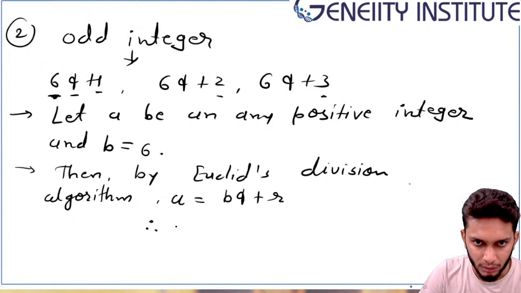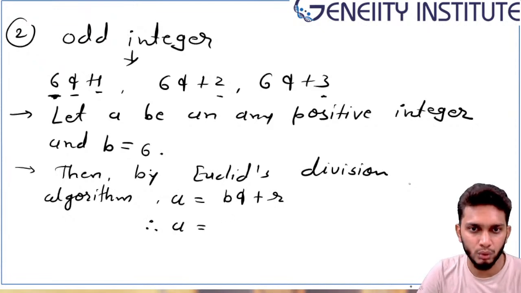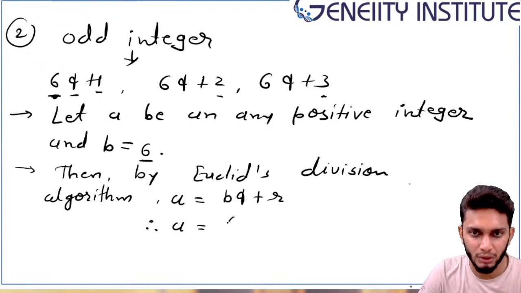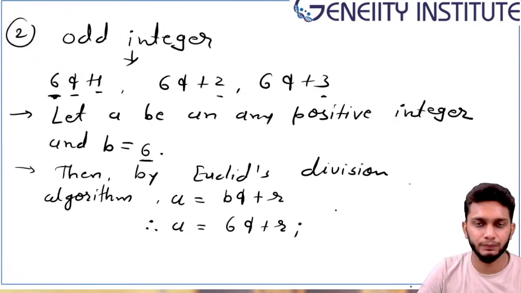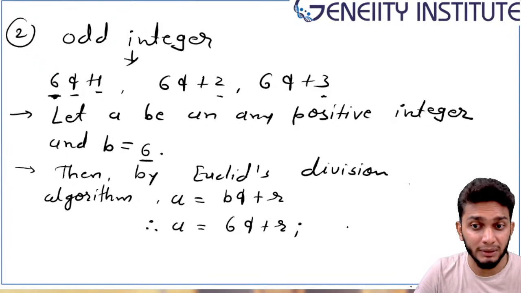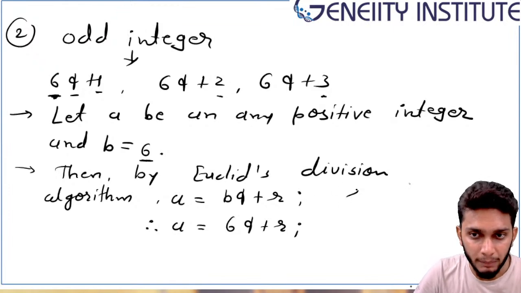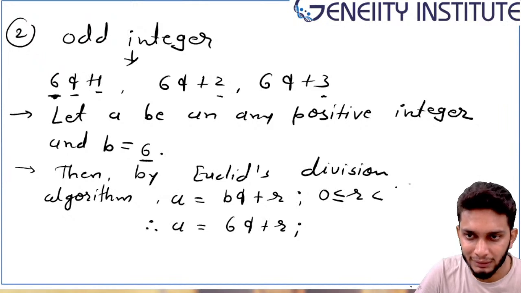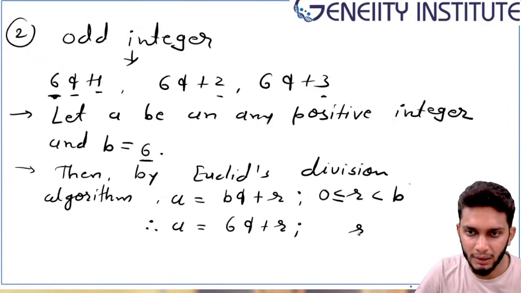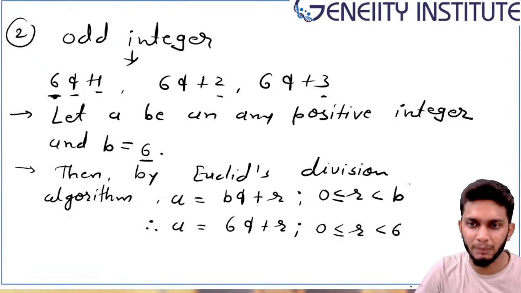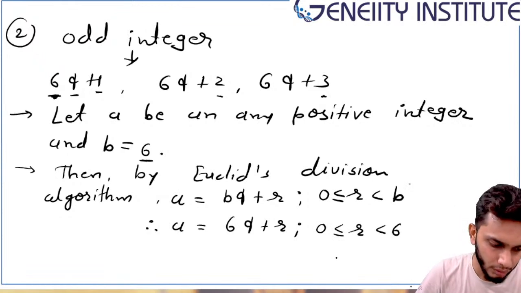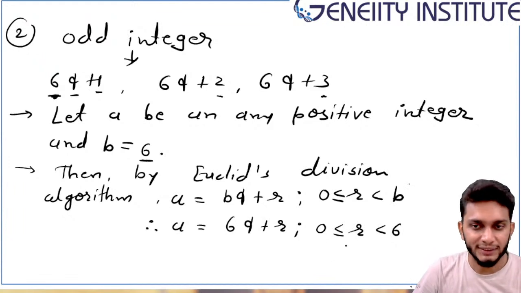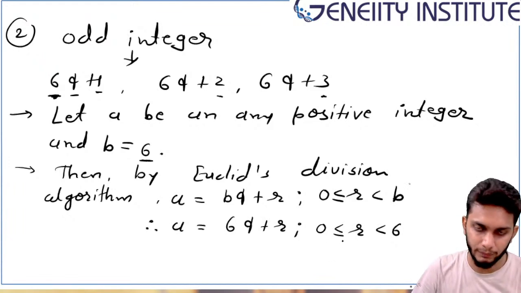Therefore, you know that b is equal to 6, so a is equal to 6q plus r, where r means remainder. And the remainder must be greater than or equal to 0 and less than b, meaning 6. The remainder is from 0 up to 6.